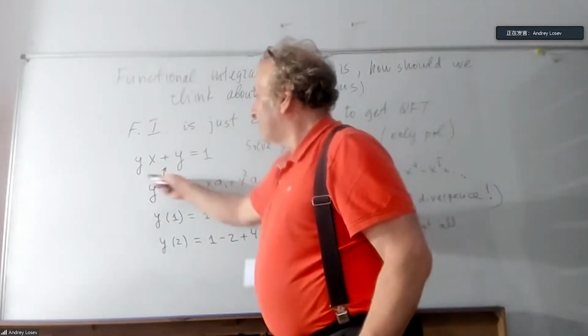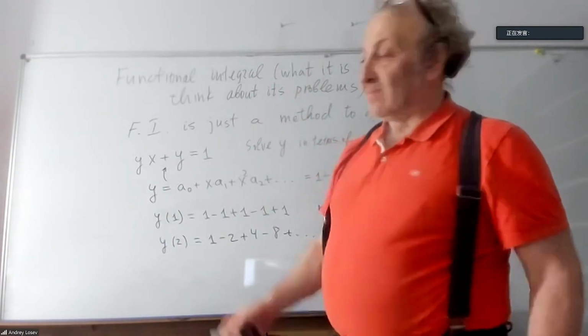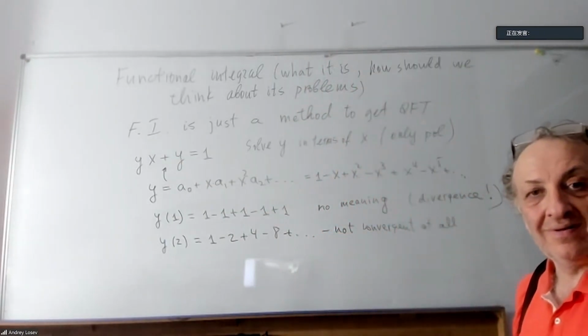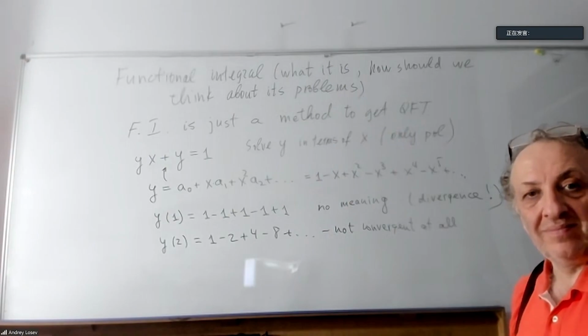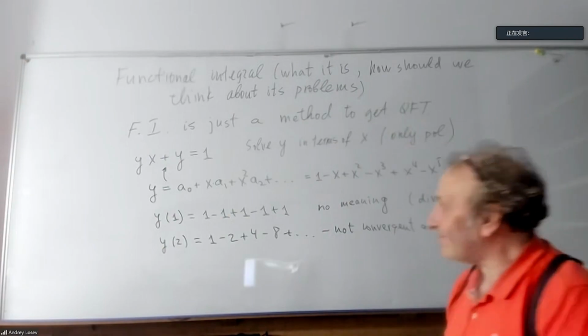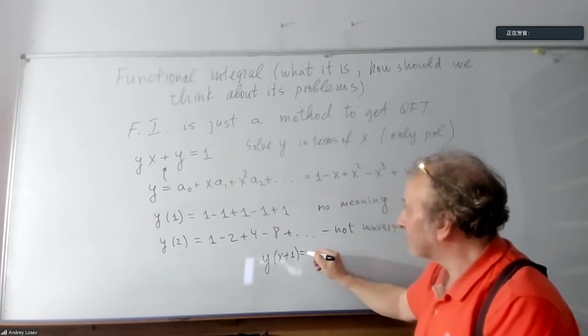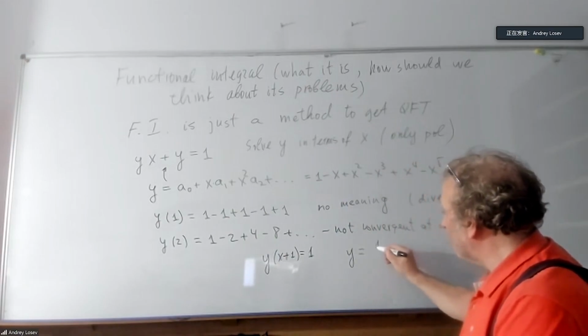I would say this thing could not be solved. You see, I'm trying to solve it. I'm getting something crazy. However, I know how to solve it. And y is 1 over x plus 1.